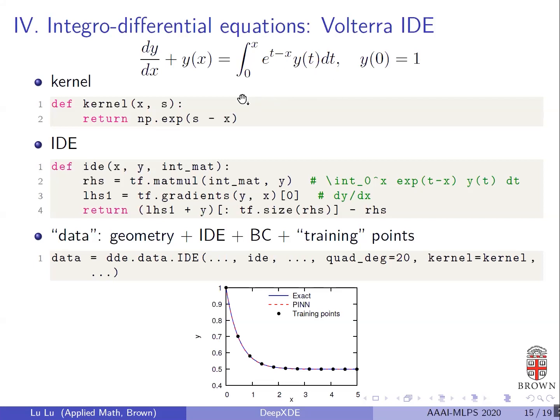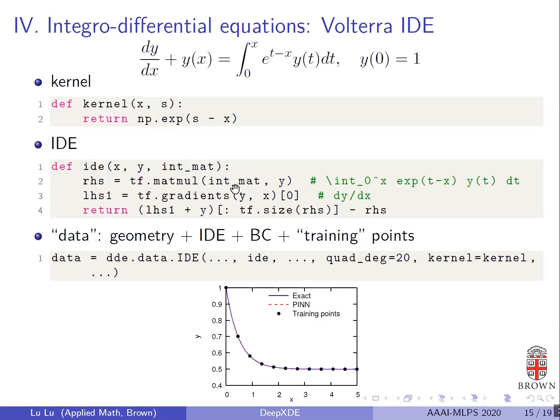To define this problem, first we need to define what the kernel for the integration is, exponential. Then by defining this kernel, the software would automatically construct a corresponding matrix. Basically, it's an integration matrix for this integration kernel.